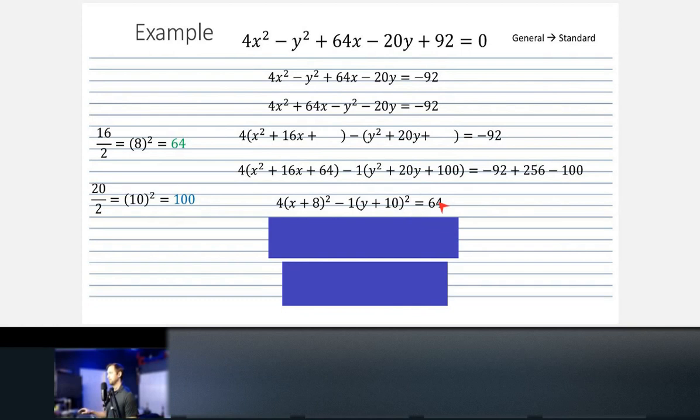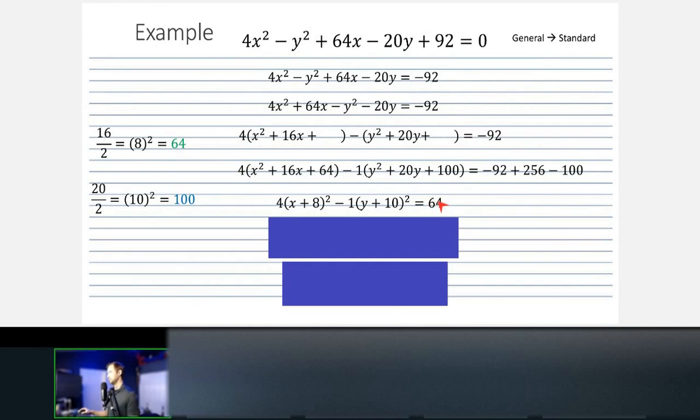By the way, when you convert general to standard form, whether it's circles, ellipses, hyperbolas, this number right here should always be positive at this point. If your number is negative at this point, something is probably wrong.